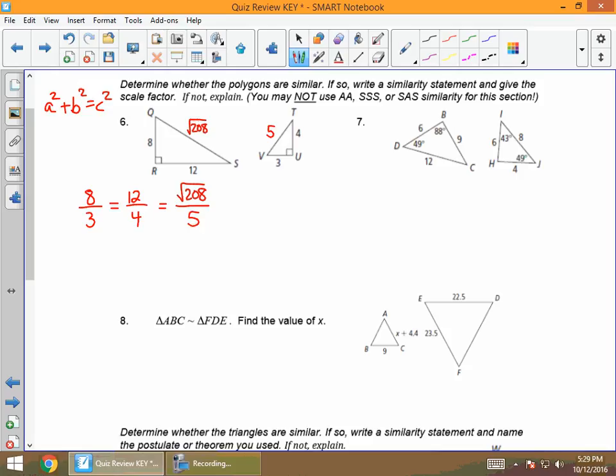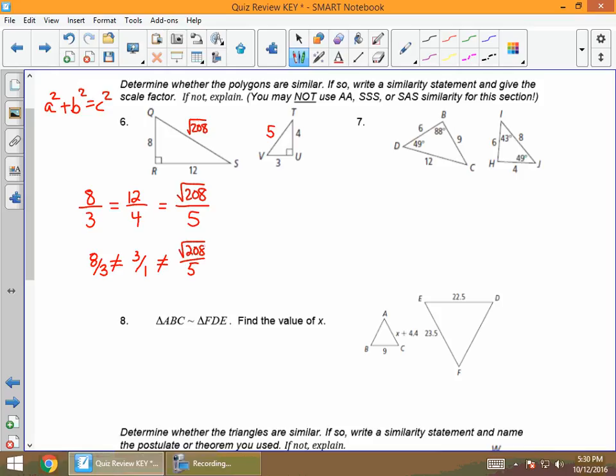And this is pretty easy to see. 8 over 3 does not reduce. So that's still 8/3. 12 over 4 reduces to 3 over 1, and those two things are not the same. And oddly enough, if you try to simplify radical 208 over 5, that does not simplify either.